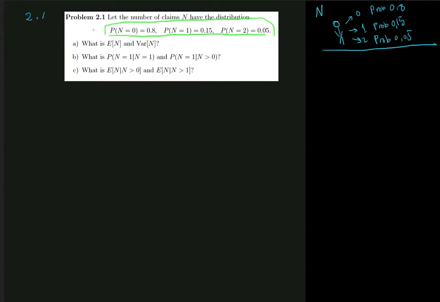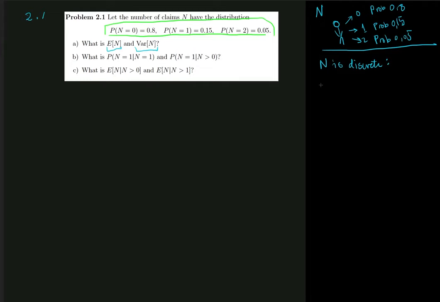We're asked to find the mean, the variance, and certain things down here. So let us write up the definitions so that we know what these different things are. And note that n is discrete, so we're trying to calculate stuff in the discrete case here.